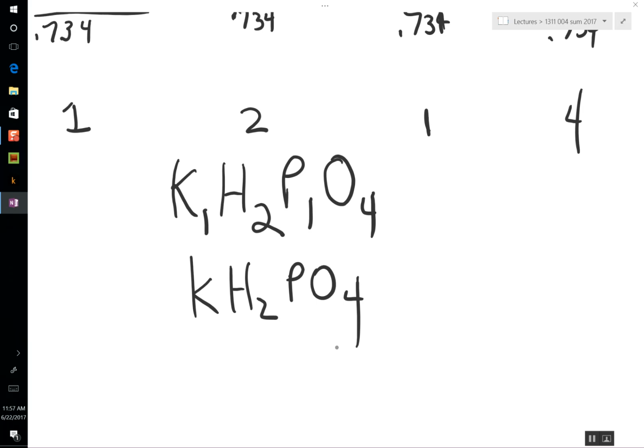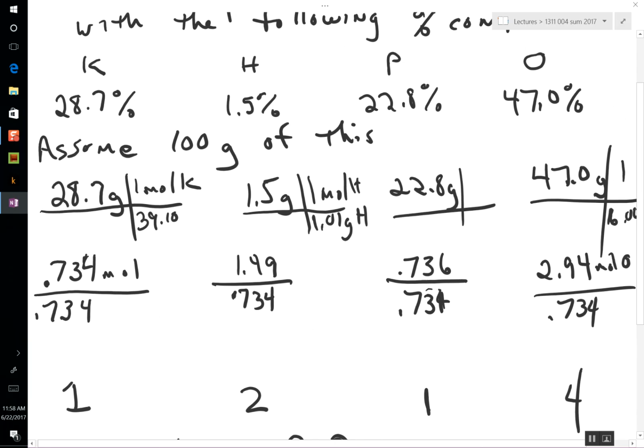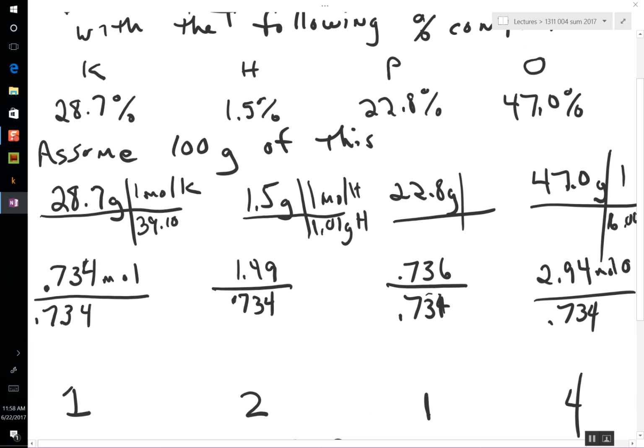I mean, you could assume 450 grams. You could assume any amount you want, but you would have to take that 28.7% times the 450. By assuming 100 grams, you don't have to use a calculator. You just turn your percent into grams. That's the beauty of assuming 100.